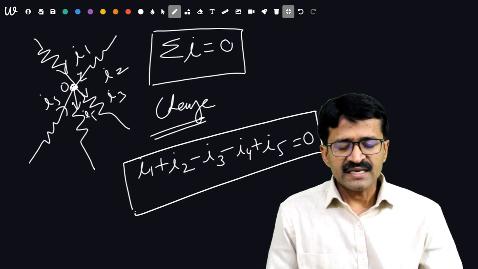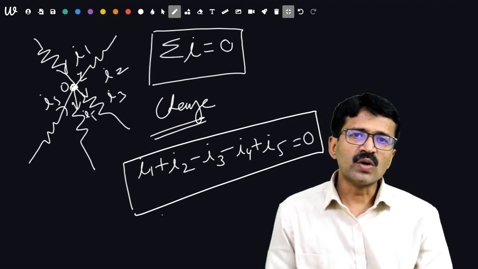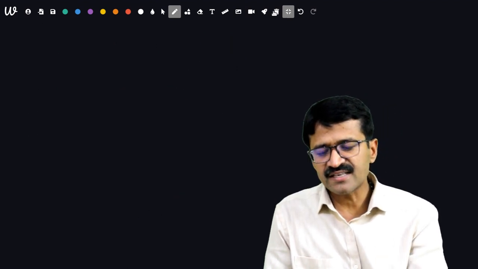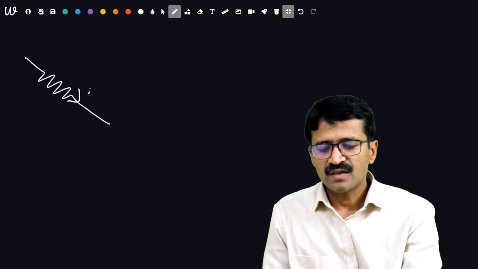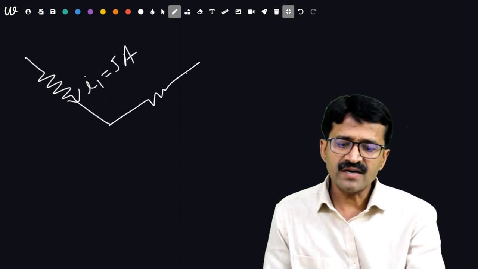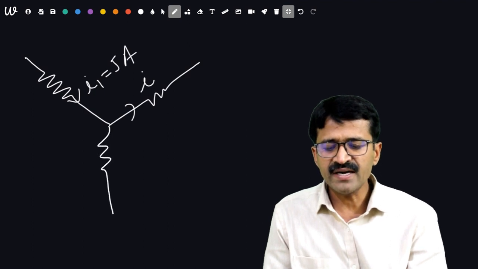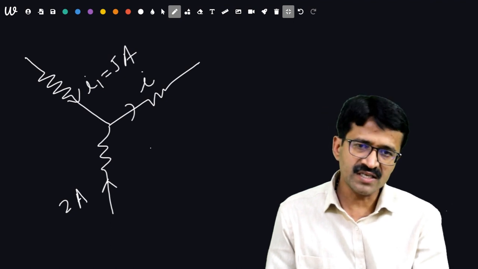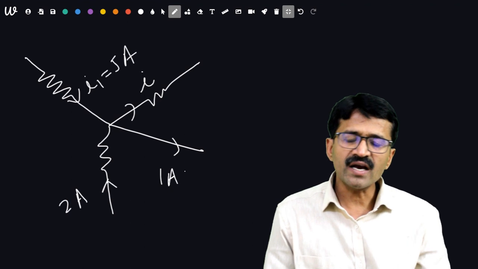This law is useful whenever you have to find the net current passing through a certain region. Let us take an example. I1 is equal to 5 ampere. This is another branch through which current I is required to be determined. In another branch, current 2 ampere is toward the junction, and in another, current 1 ampere is going away from the junction.